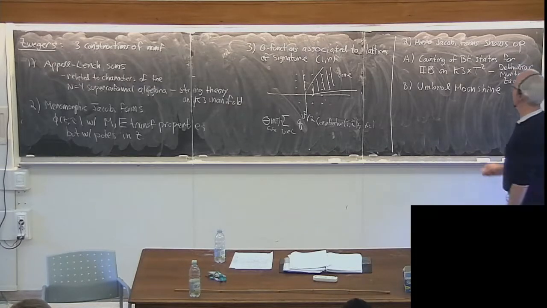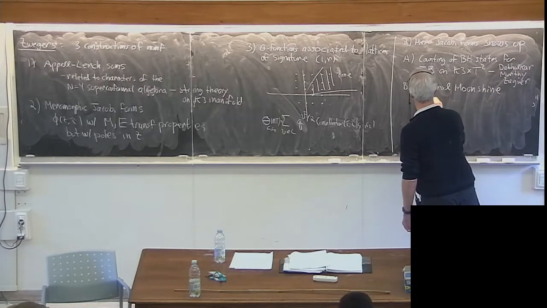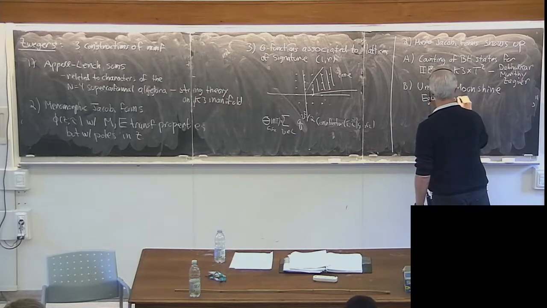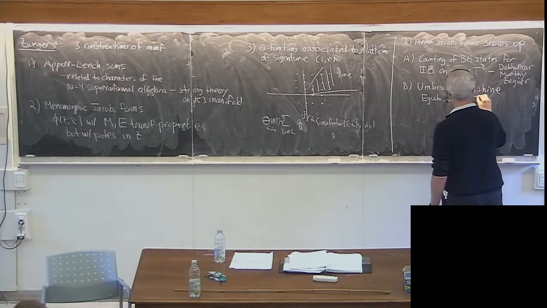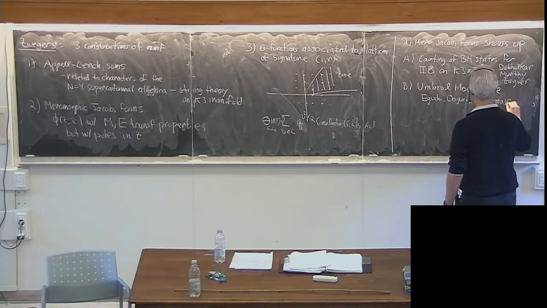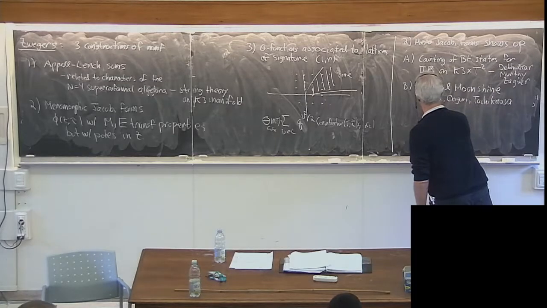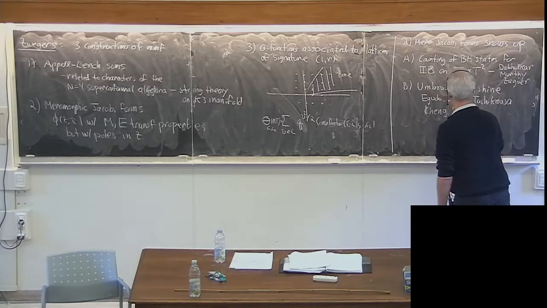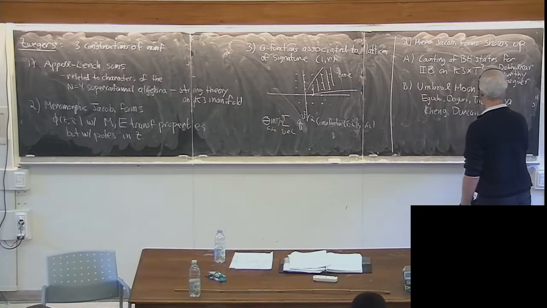And umbral moonshine started out with a short paper by Eguchi, Ooguri, and Tachikawa, and then was extended by Miranda Cheng, John Duncan, and myself.